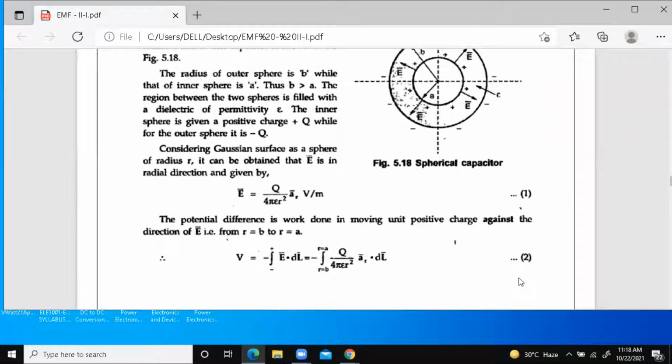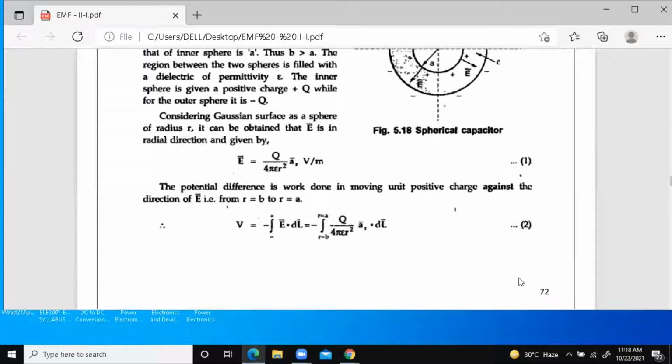Now, the potential difference is the work done in moving a unit positive charge against the direction of the field from R equals B to R equals A. So V equals minus the integral of E dot dl.